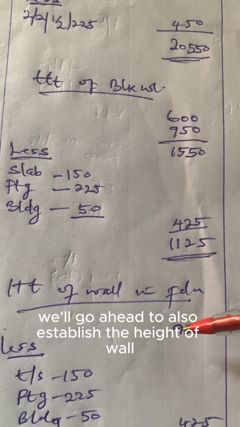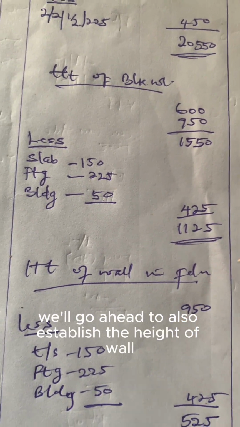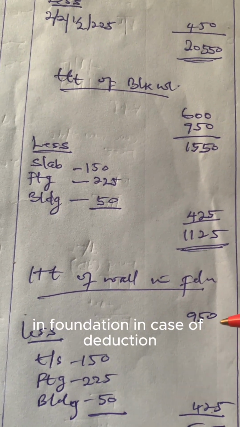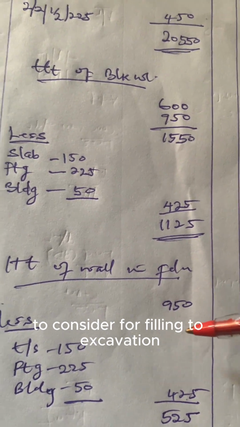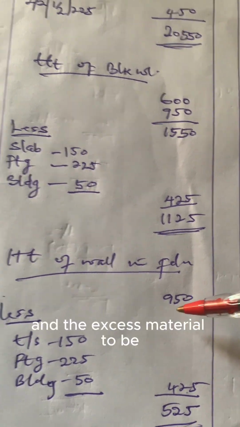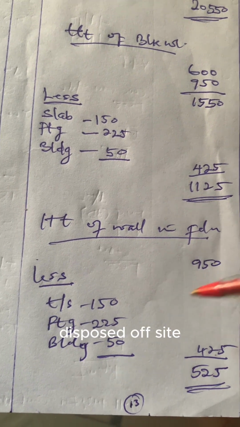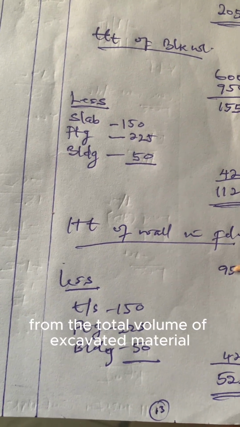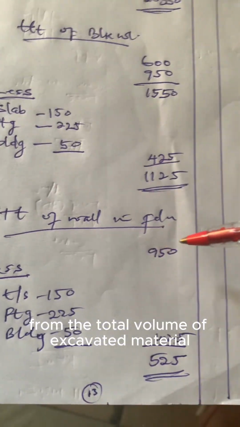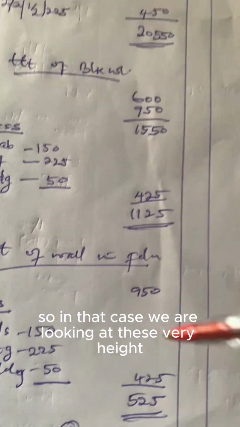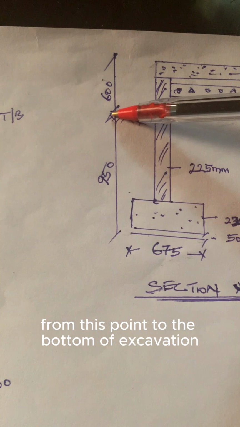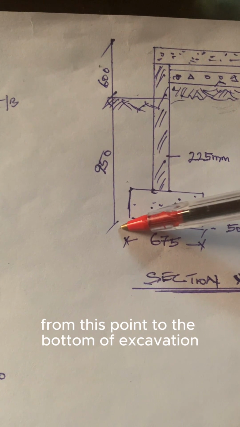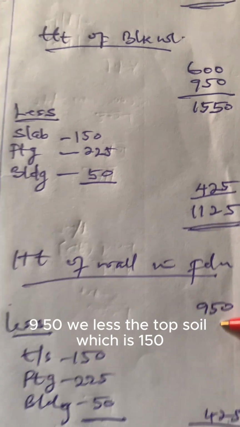But we'll go ahead to also establish the height of wall in foundation in case of deduction, to consider filling to excavation and the excess material to be disposed offsite from the total volume of excavated material. So in that case, we are looking at this very height from this point to the bottom of excavation, which is 950.